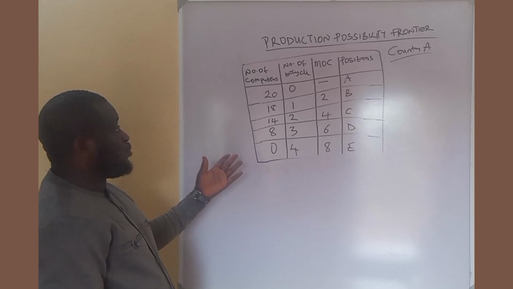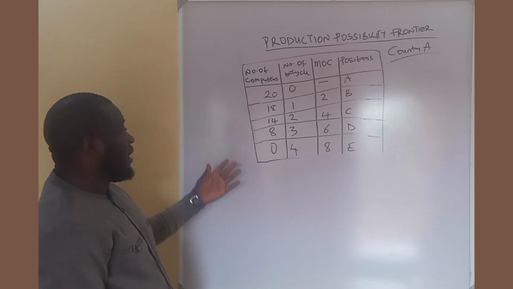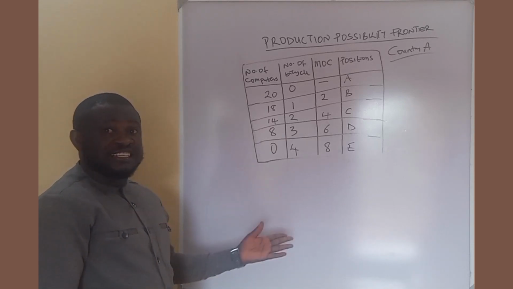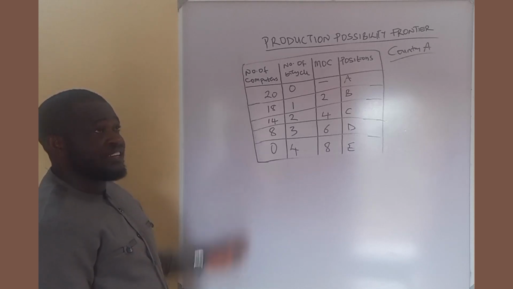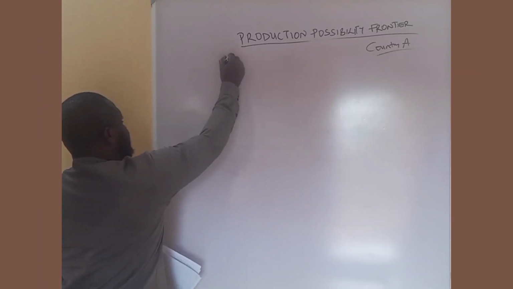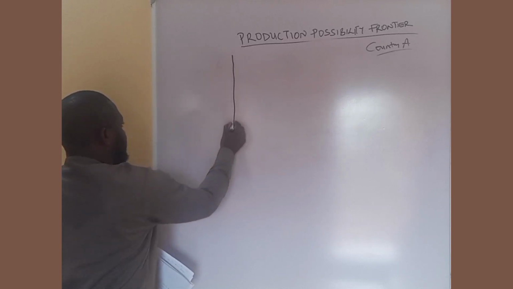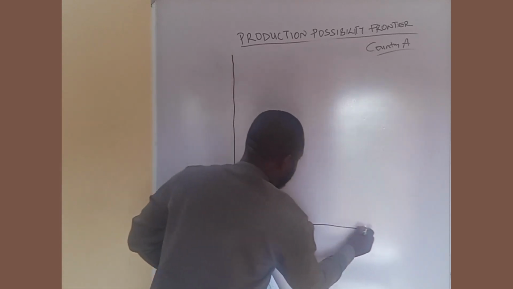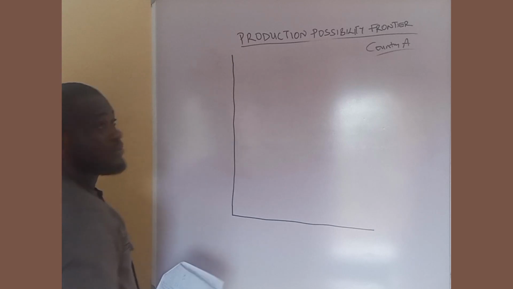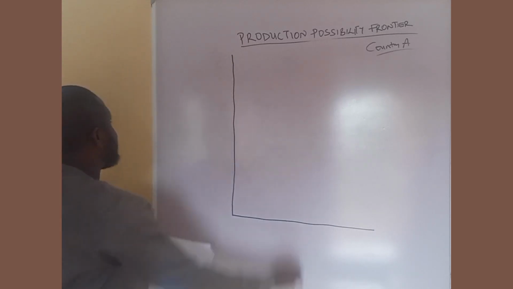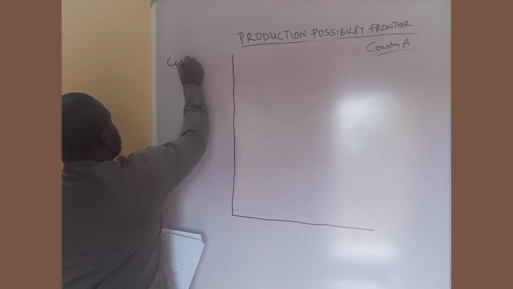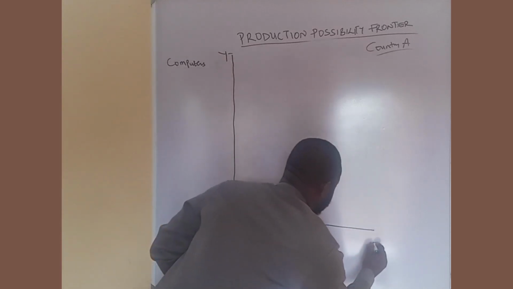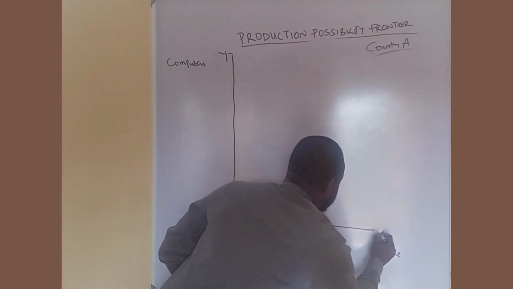The above hypothetical schedule can be plotted in a two-dimensional graph wherein we are going to have the number of bicycles produced on the x-axis and the number of computers produced on the y-axis. This is a two-dimensional graph, and we are going to have computers on the y-axis and bicycles on the x-axis.